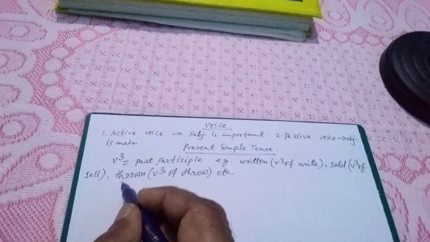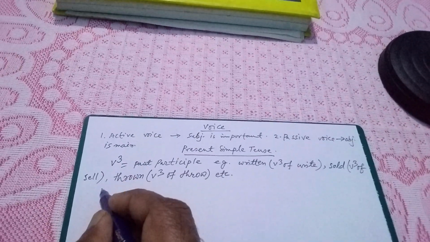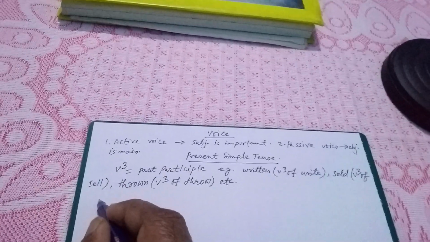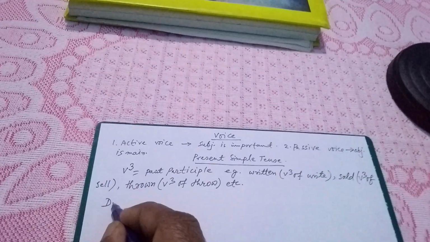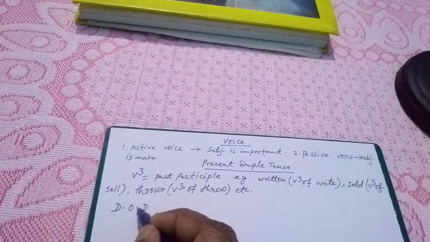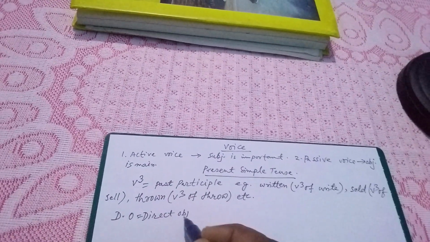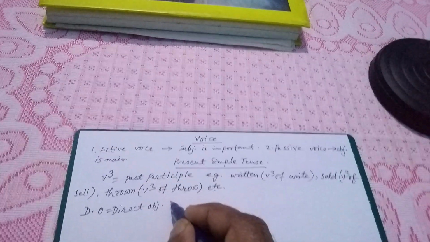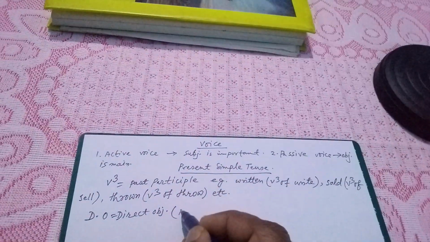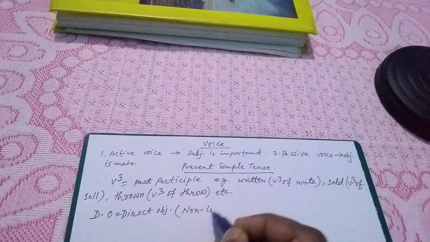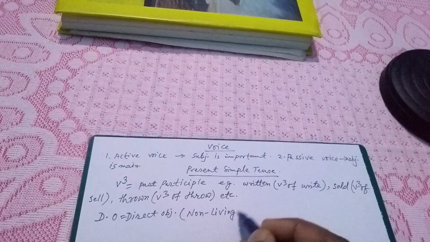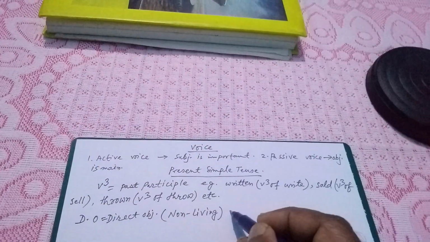Now, I will explain two objects that are important. One is DO, that is called direct object. These are all non-living. Non-living is direct object.